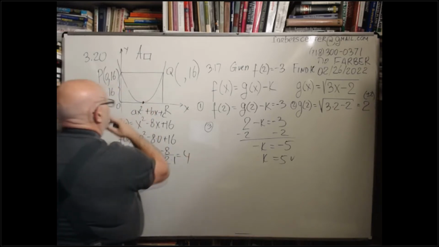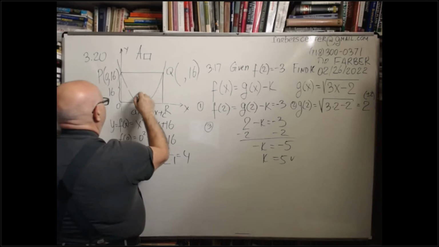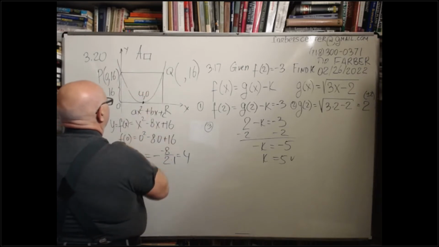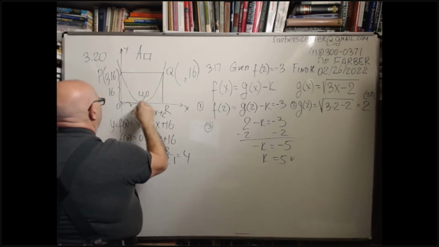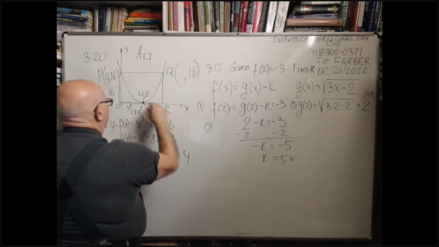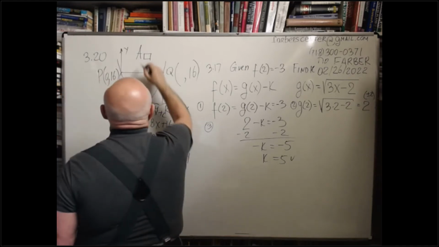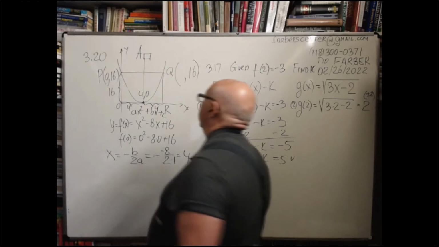So this coordinate is 4, 0. So it means if this is 4, this is 4. Why? Because a parabola is always symmetrical about the vertex.